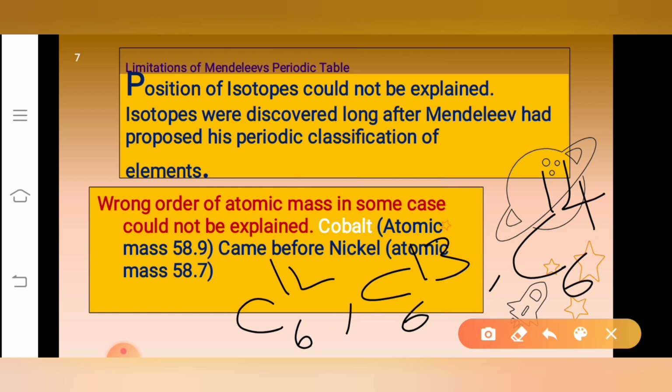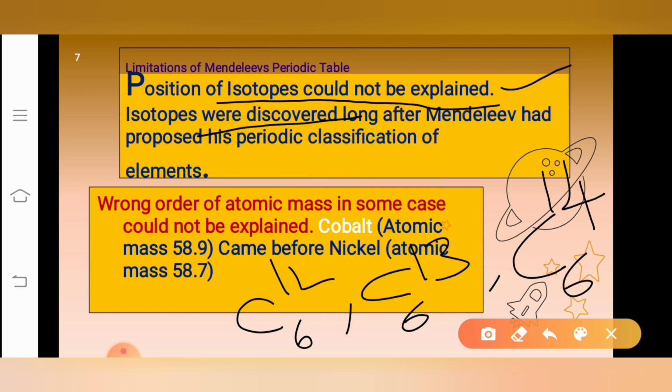Since they have different atomic mass, they should be placed differently, but it was not possible, right? Because for one element, we can give only one place. That was not allowed in the table. The same element cannot be placed repeatedly in different places, correct? So the position of isotopes could not be explained. Even though isotopes were discovered, he could not explain the position for them.